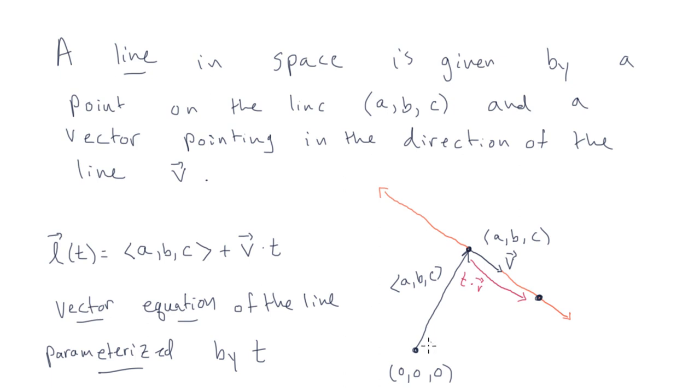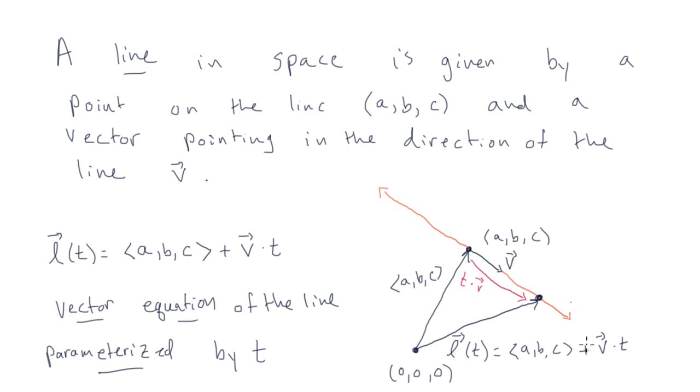But then the vector that points to this point on the line, that I'm calling L of t, really is just this position vector plus the scaling of the direction vector. So that's the vector equation of the line.